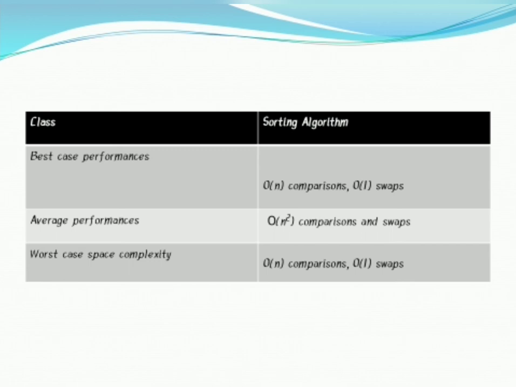The outer for loop will run till n and the inner while loop would take constant steps of one swap and two comparisons. Since the while loop takes constant time and the for loop runs for n elements, the overall complexity is big O of n. Here is a table representing best, average, and worst case time complexity of the insertion sorting algorithm.